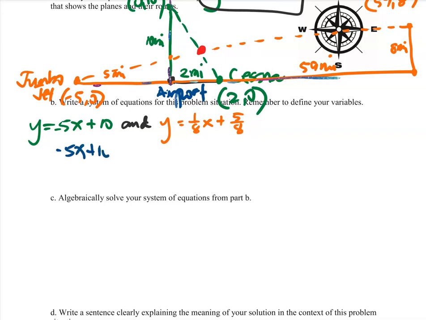Negative 5x plus 10 equals 1/8x plus 5/8. Since you see a denominator of 8, the best way is to get rid of it, and to do that we multiply everything by 8.